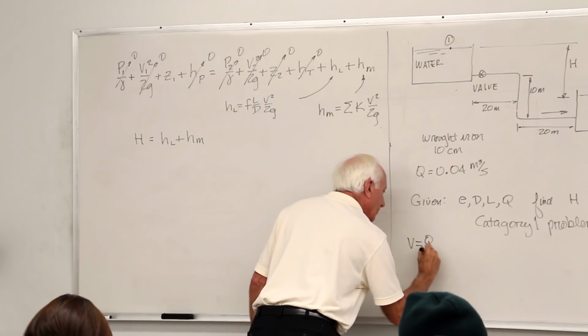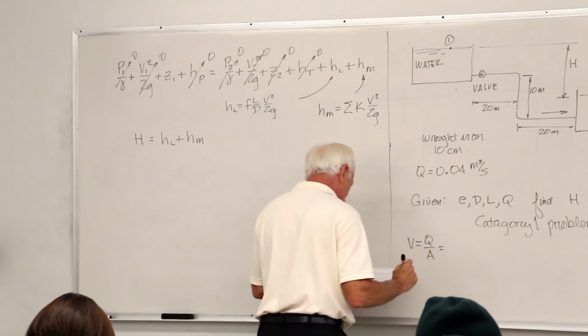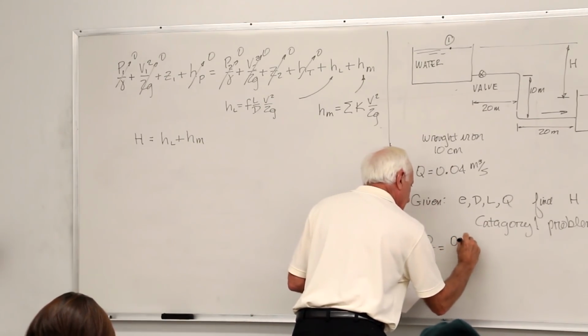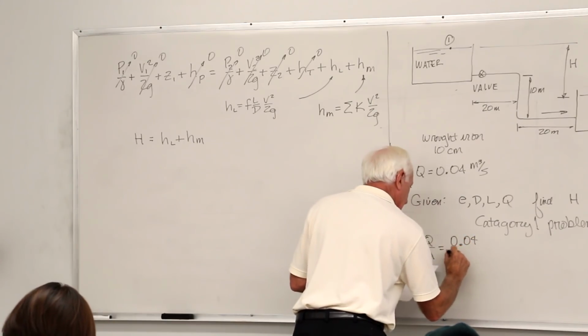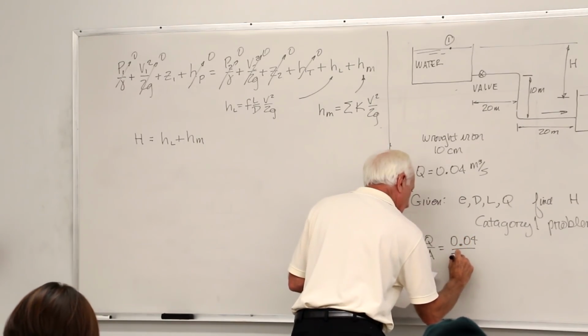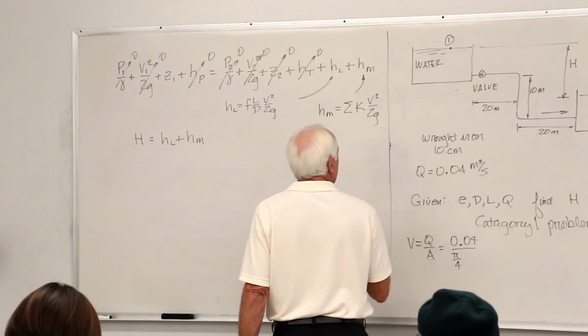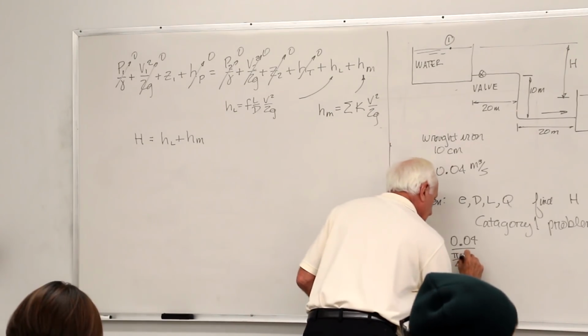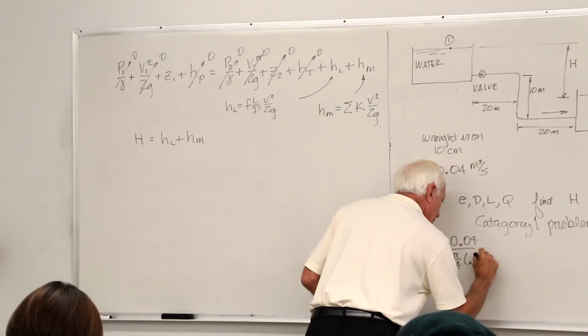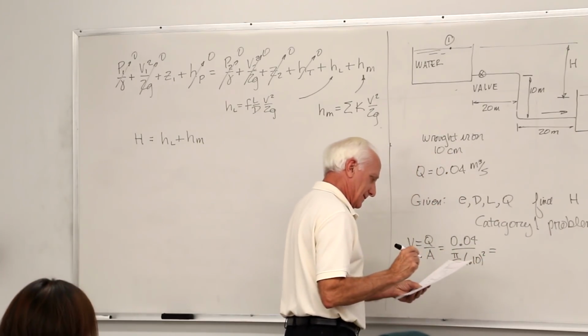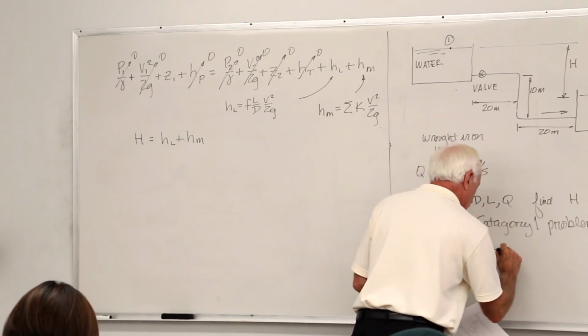Velocity equals Q over A, 0.04 divided by pi over 4, diameter is 10 centimeters. Pipe velocity, 5.09.